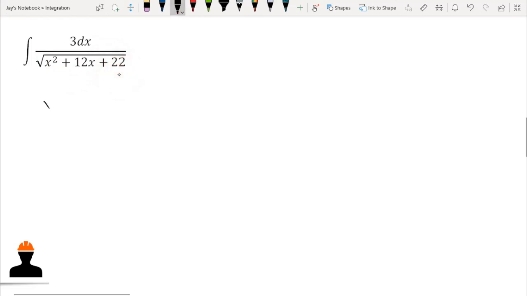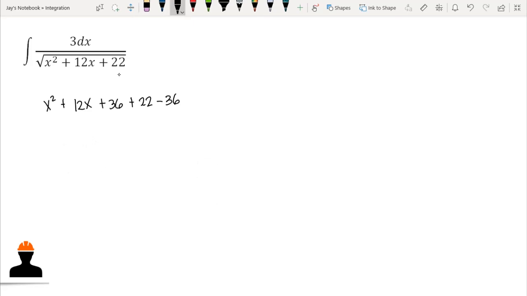So if we have x squared plus 12x, you introduce a number by dividing 12 by 2, so you have 6, correct? Then 6 squared, that is 36, so you have here plus 36. Then don't forget that you still have 22. Then if you add 36, then you have here negative 36 to balance our equation.